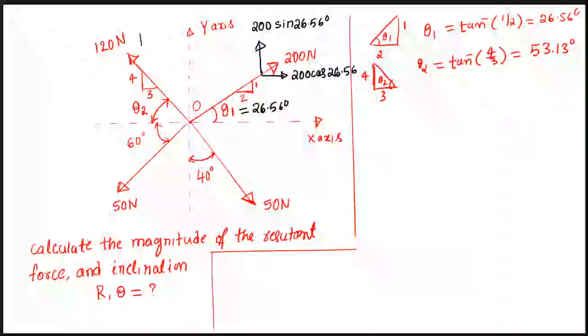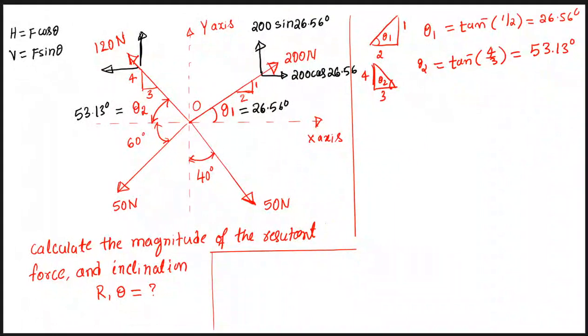Now resolve this 120 Newton force into its two components, one along the vertical direction and another along the horizontal direction. Here again, the theta 2 value is 53.13 degrees. Therefore, the horizontal component is F cos theta and the vertical component is F sin theta, when theta is with respect to the horizontal axis.